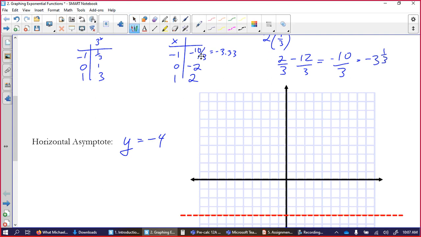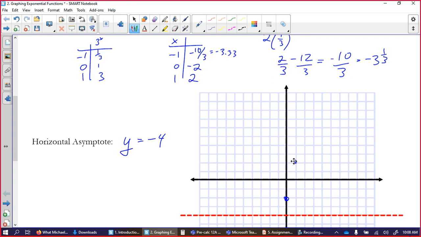Now I'm going to worry about those points: 0 and negative 2, over 1 and up 2. Those ones we know, because again, it's about the general shape more so than the actual numbers.